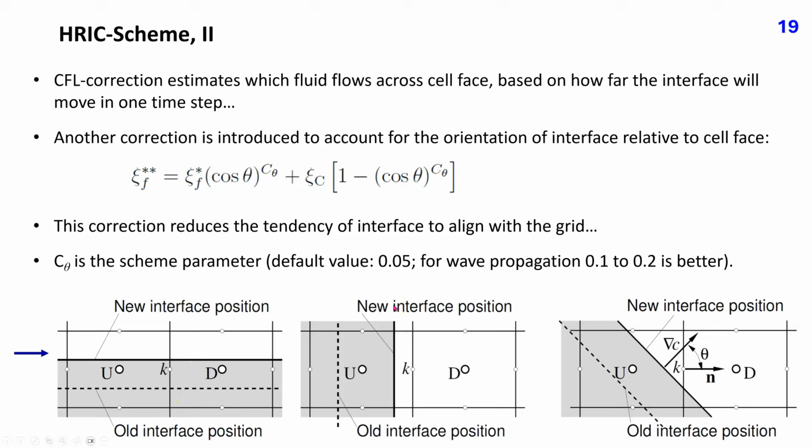If the free surface is parallel to the cell face, and it is unlikely that the interface will reach the face within one time step, then the downwind approximation is the best, because only the fluid present at the downstream cell will cross the face. If the free surface is inclined to the face, both liquid and gas may be crossing the face in different ratios. The above corrections are introduced to take these situations into account.